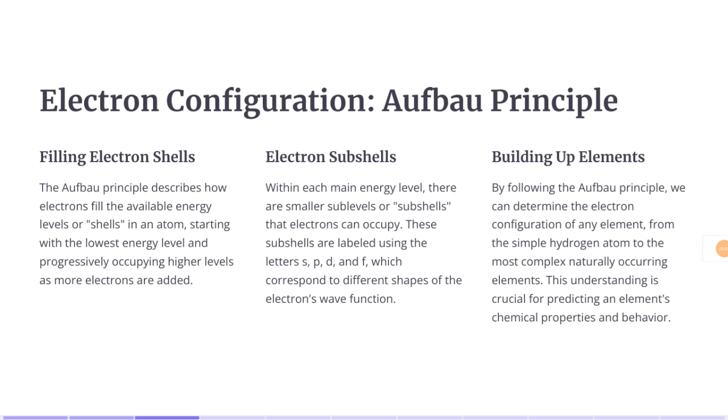Building up elements by following the Aufbau principle, we can determine the electron configuration of an element from the simple hydrogen atom to the most complex naturally occurring elements. This understanding is crucial for predicting an element's chemical properties and behavior.